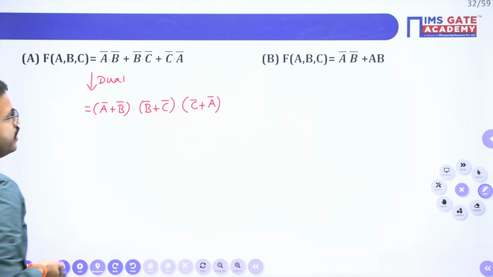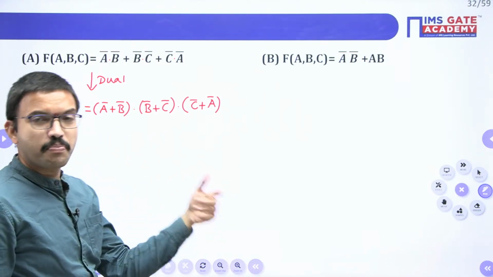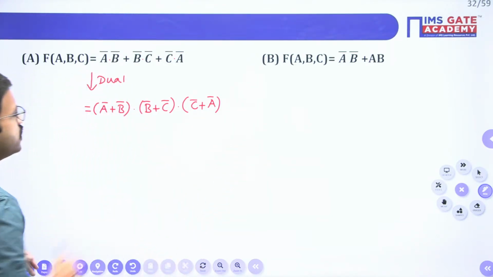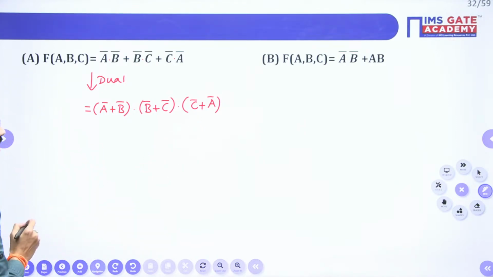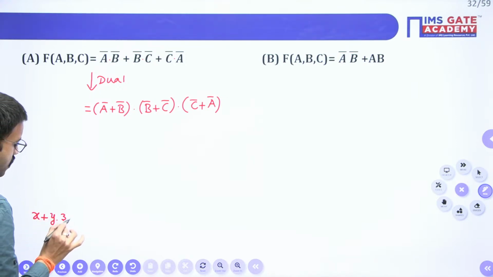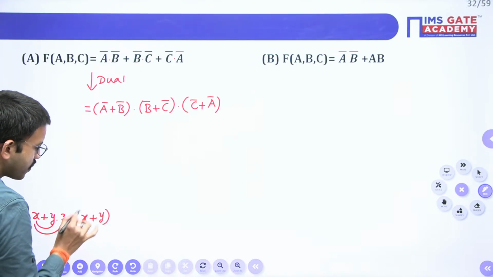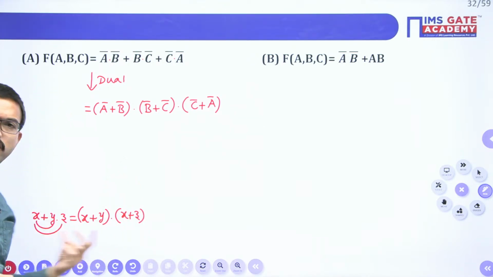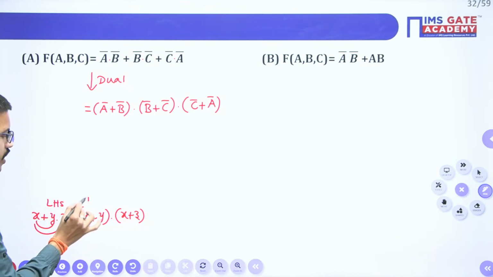Now here, if you want to do this simplification conventionally, definitely it will take more time, but I used the distributive law in one of the previous questions, right? So now just recall the distributive law. I will write it here. For example, x plus yz, I have written it as x plus y into x plus z. Everyone knows this regarding distributive law. This is your LHS, this is your RHS.